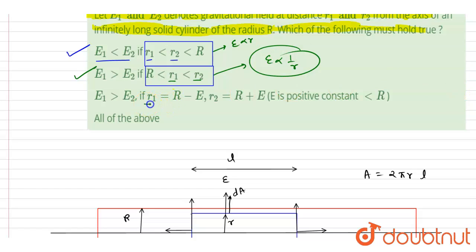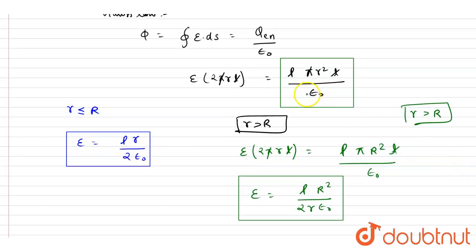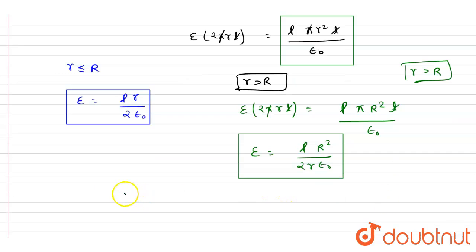Moving ahead, if you see the next option, it is said that R1 is equal to R minus c and R2 is R plus c, where c is positive, then E1 is more than E2. So basically for the inside point we use this formula, for the outside point we use this formula. Now it is said that R1 is R minus c, R2 is R plus c.